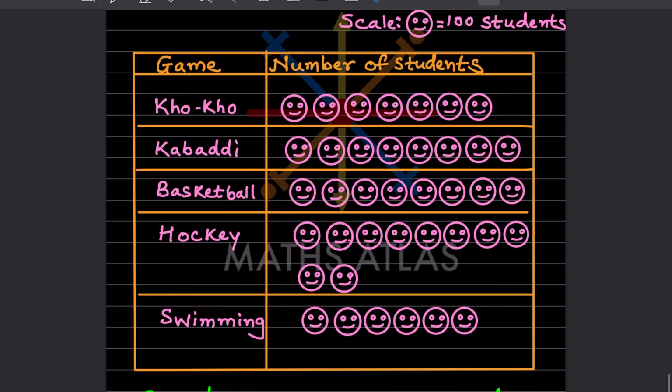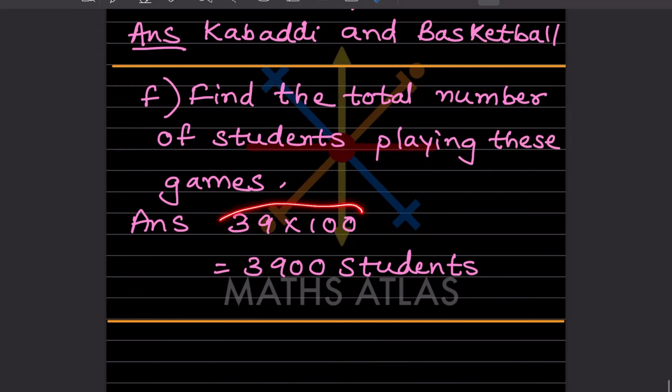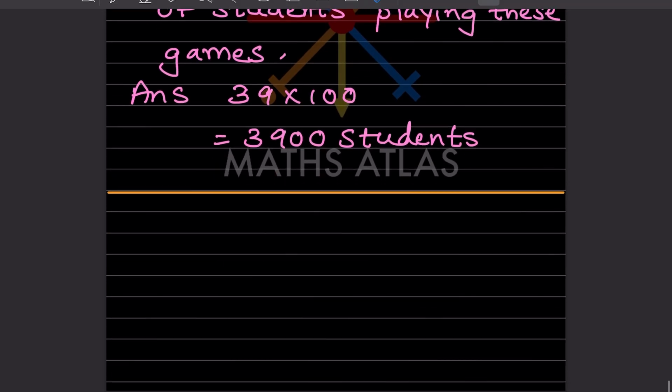Total are how many? 1, 2, 3, up to 39. So 39 multiplied by 100. That is going to be 3,900 students.